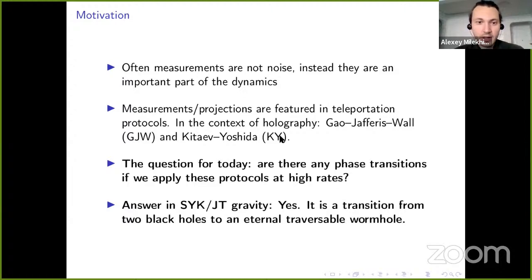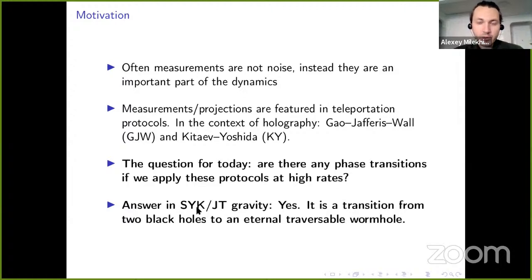I'll explain what they are. The question I would like to ask is: if we use these teleportation protocols at a finite rate, they also include measurements, so what if I try to do this quantum teleportation at a very high rate? Are there any phase transitions? We used SYK as a toy model for this, and the answer is yes, there will be a phase transition.